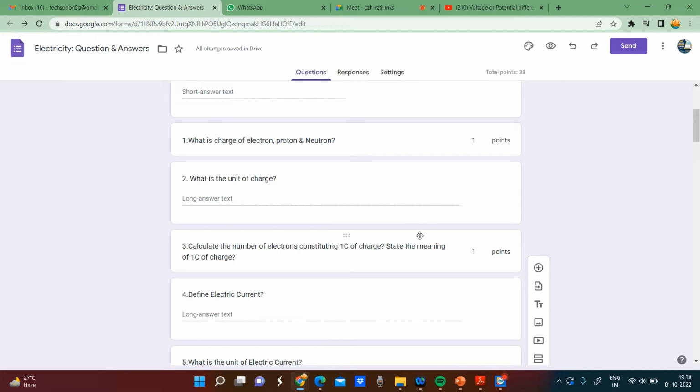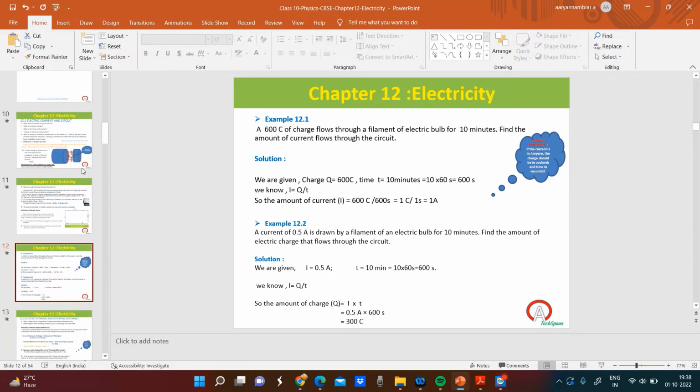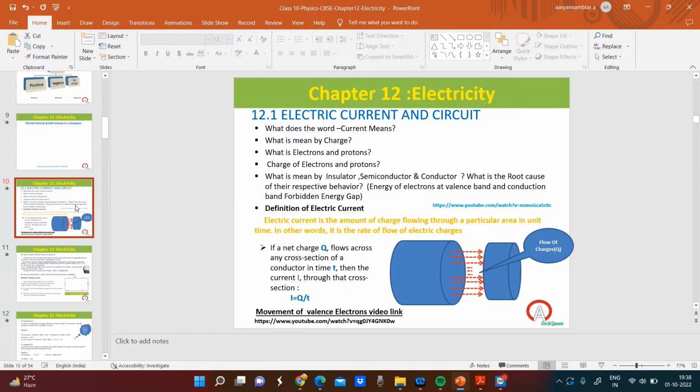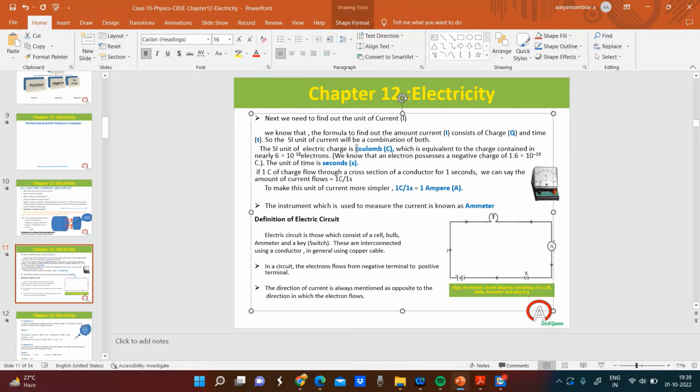Written? Okay. Next, second question was, what is the unit of charge? The unit of charge is coulomb. It is represented by C, right?